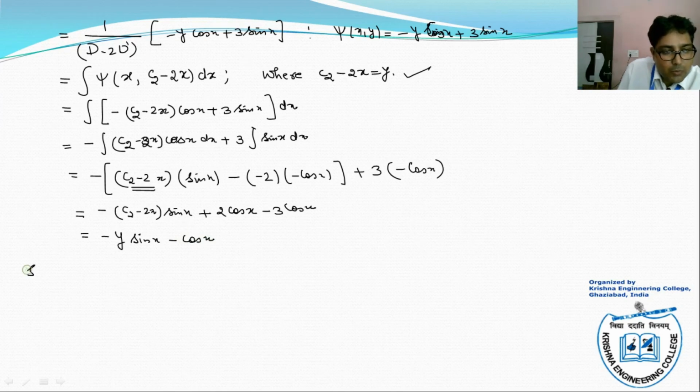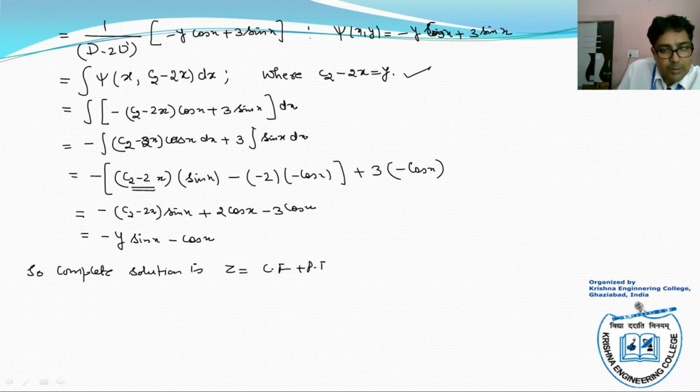So the complete solution is z equal to CF plus PI. CF means the value of the complementary function.